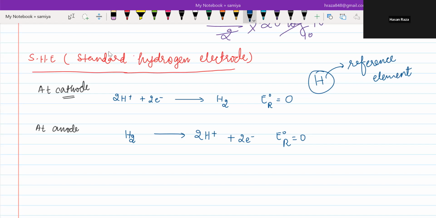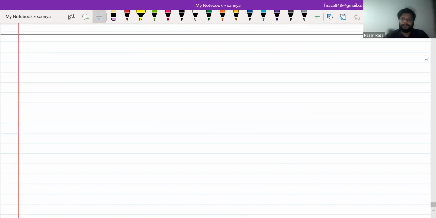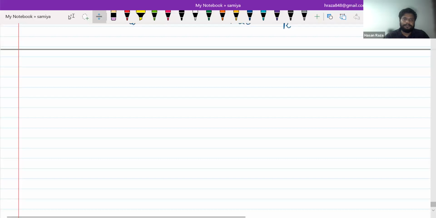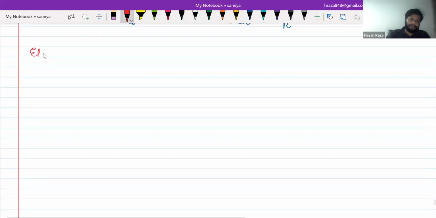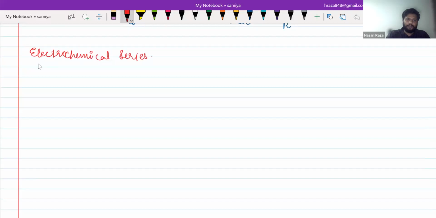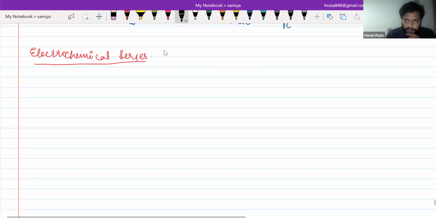Very good. Now let's start electrochemical series. First, I'm going to write this series and then we will talk about it. In NCERT, the values given are from positive to negative, but here I'm going to write from negative to positive.